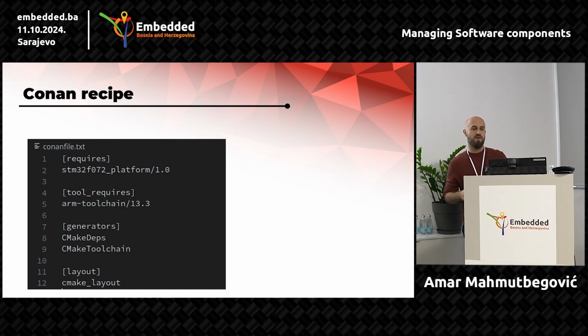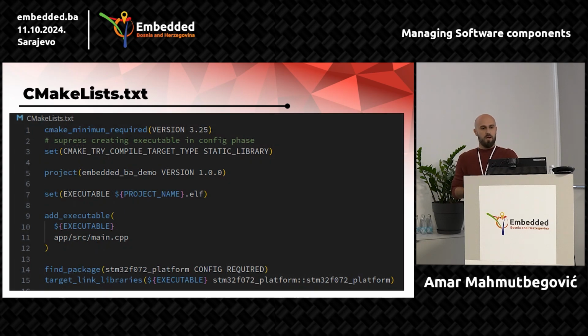So we basically have the SDK compiled into a static library that we will be using in this demo. In the tool_requires clause, we specified the ARM toolchain, and we stated which version of it we want to use. And in generators, we have a few things that we will explain a moment later. We will use CMake as the build tool for our project.